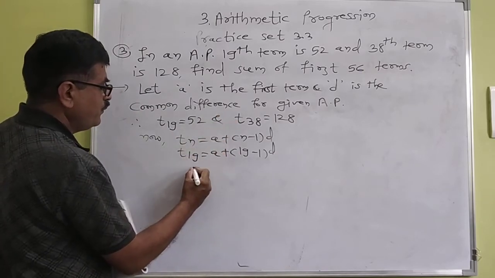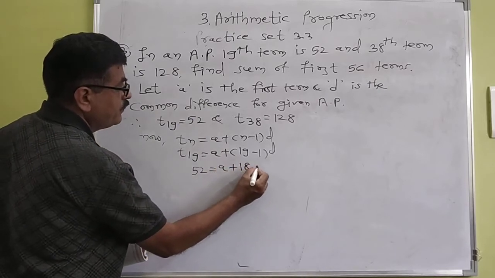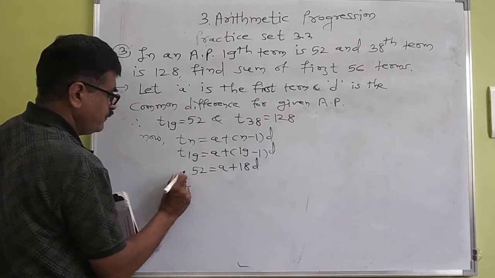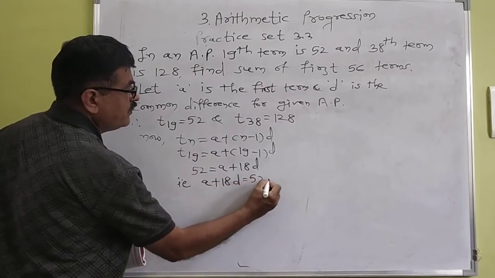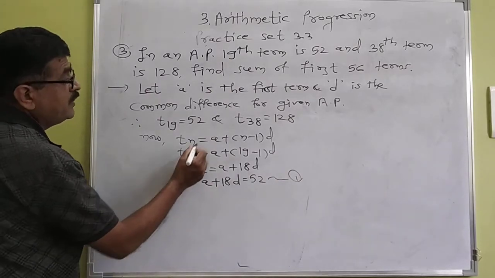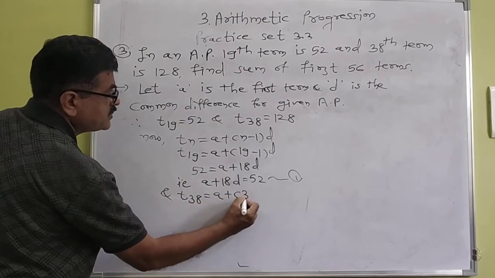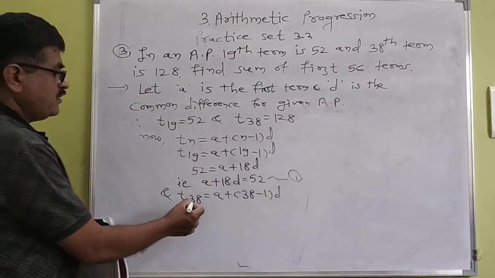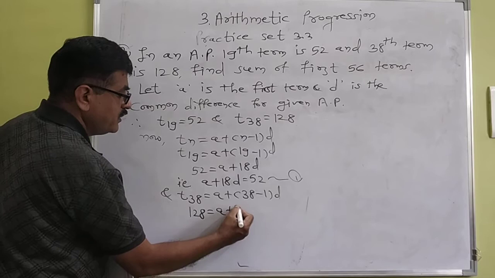T19 is 52, so a plus 18d is equal to 52. This is number 1. And take T38 is equal to a plus 38 minus 1 into D. Put the value of T38: 128 is equal to A plus 37D.